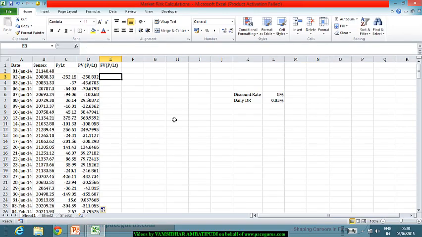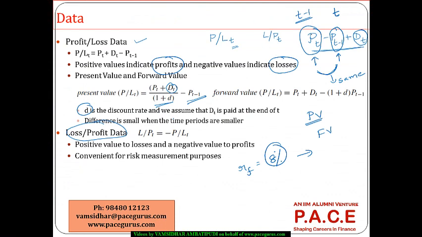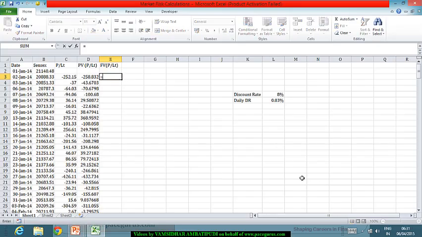Similarly, I can think of getting the future values also, because both of them need to be at the same point in time. So the time adjusted difference is what I am bringing in by doing either of these exercises. So when I am looking at the forward value, probably the P&L, whatever is the t minus 1's value, I multiply it by 1 plus d. So from the value at time t, I subtract the value at time t minus 1, which is multiplied by 1 plus d, which is the discounting factor for that time period.